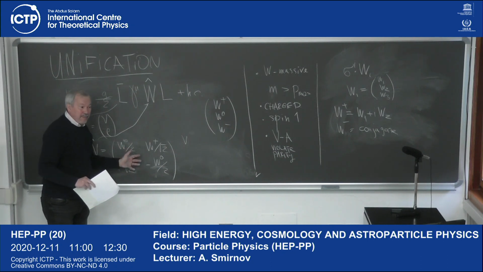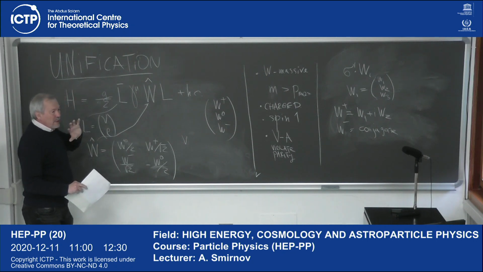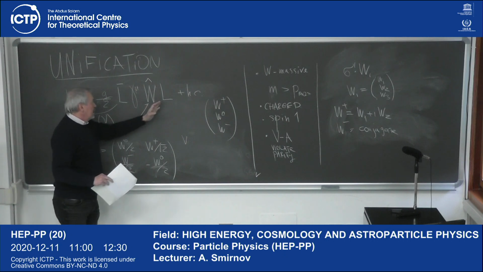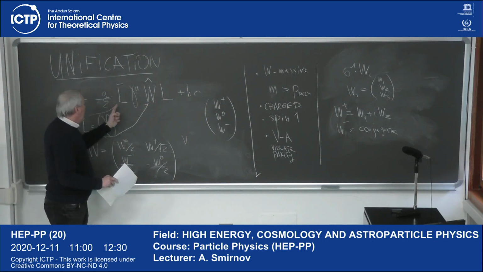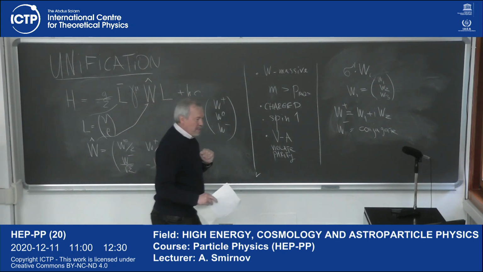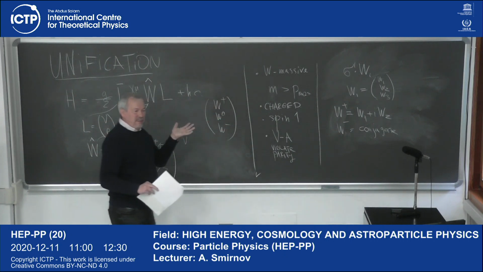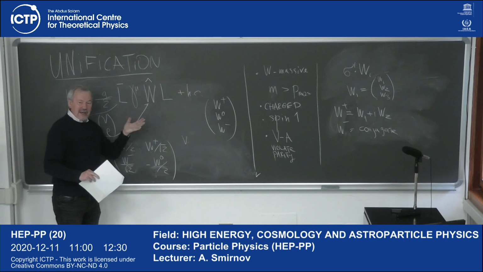This is precisely the same, which means that this is SU2 invariant: this is the doublet, and this is the triplet. So in this SU2 symmetry, L is transformed as a doublet representation of SU2. This is very similar to isospin, and for this reason this symmetry is called weak isospin.